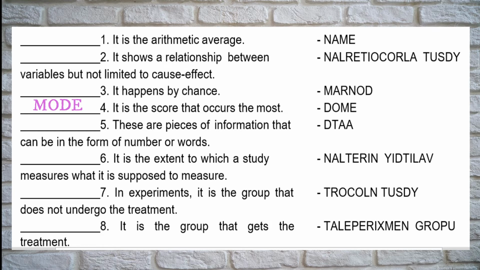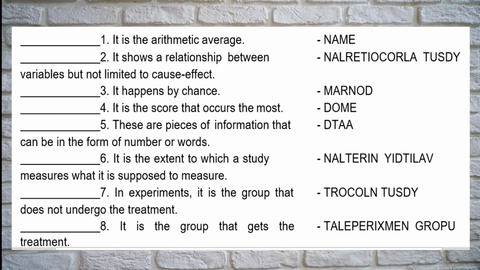Number 5. These are pieces of information that can be in the form of number or words. Very good, data. Number 6. It is the extent to which a study measures what it is supposed to measure. Yes, internal validity.